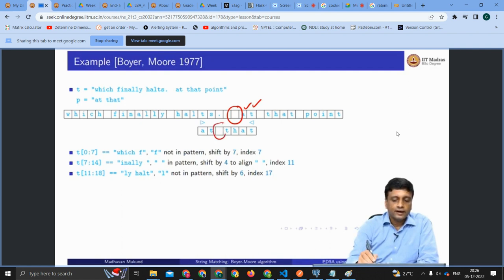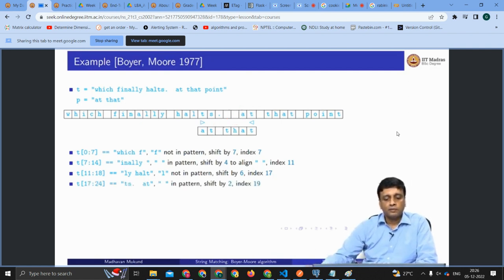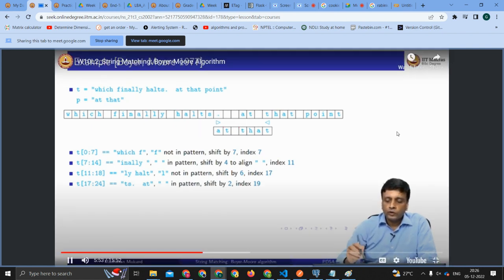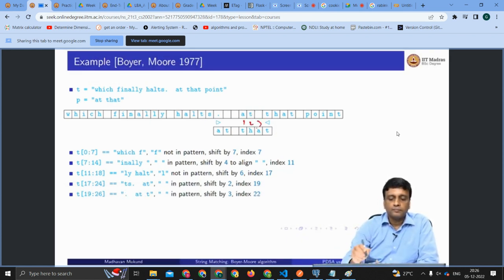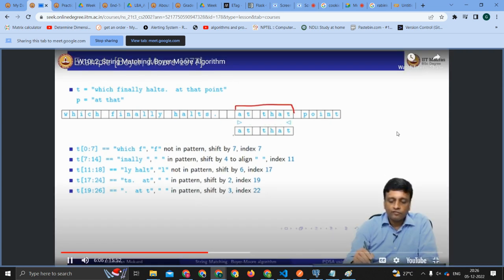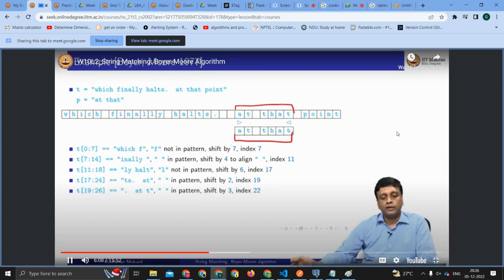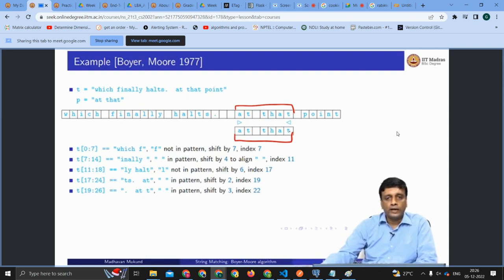A space occurs in the pattern 2 before the space in my text. Now if I go again, there is a space which is my first mismatch, and this time I must shift by 3, because it is 1, 2, 3. So I get a complete match between "at that" and the text. Starting at 22, I have a match, so I would record this in my list of positions where there is a match.